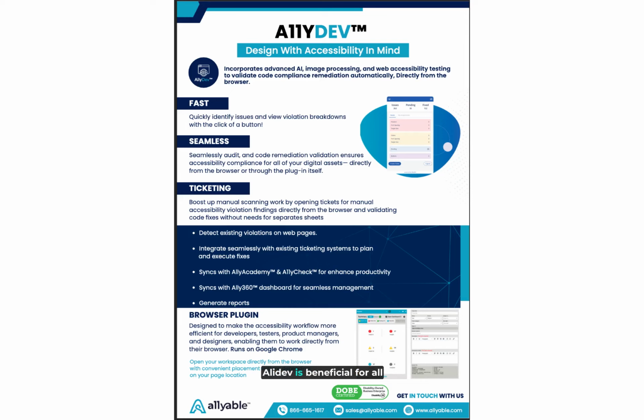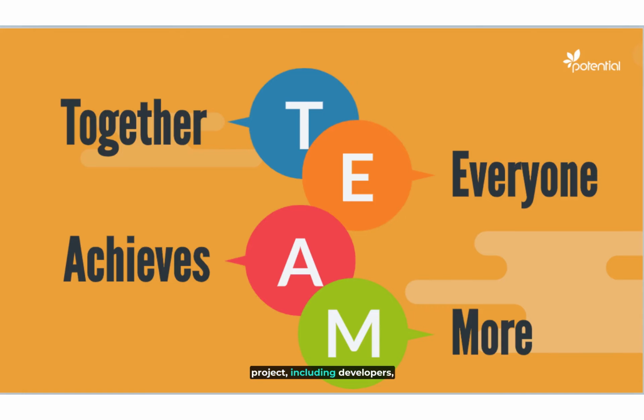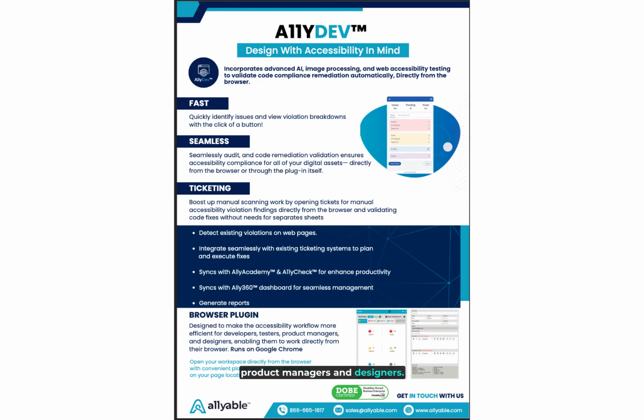AllyDev is beneficial for all team members involved in a project, including developers, testers, accessibility consultants, advisors, marketers, product managers, and designers. It is particularly useful for those aiming to design digital assets with accessibility in mind from the outset, ensuring that the final product is fully accessible.